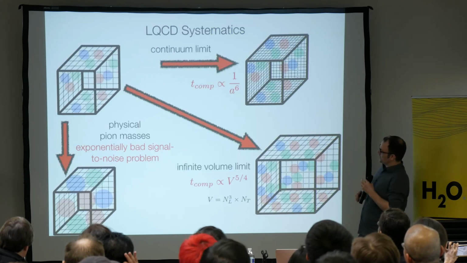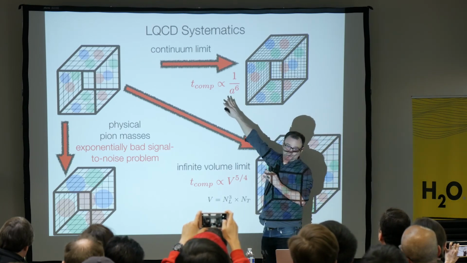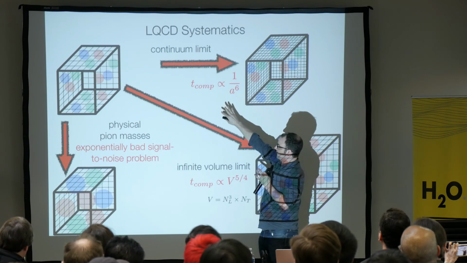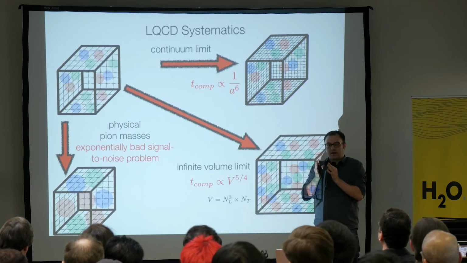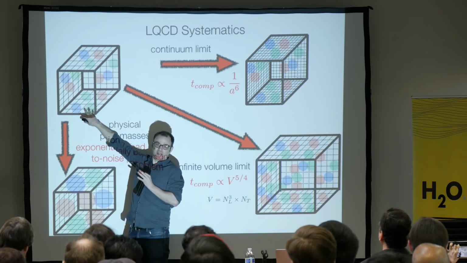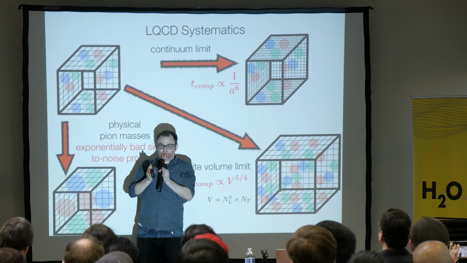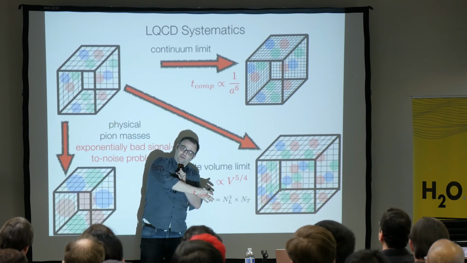Okay, ignore most of this. I just want to use this one arrow here to emphasize to you why this calculation is so hard. If you want to do a calculation and get the right answer, you have to remove this little discretization scale. And how do you do that? You have to simulate the universe with different sized discretization scales and extrapolate that to 0.